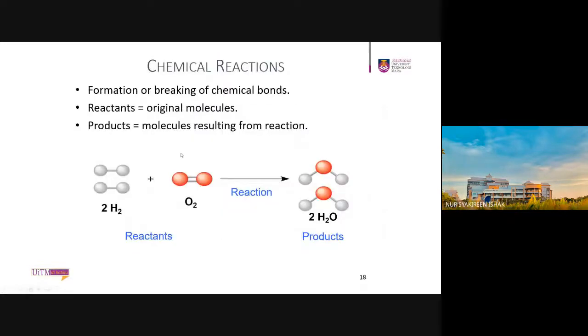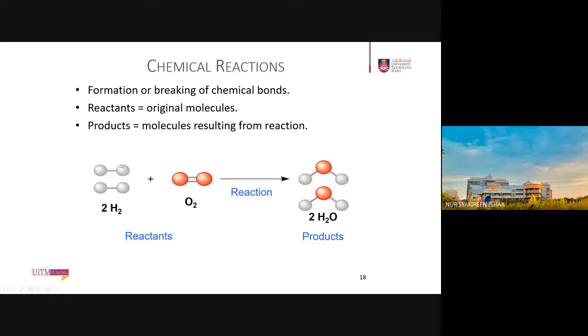Okay, chemical reaction first. A chemical reaction is the formation or breaking of chemical bonds between the atoms within the molecule. So in a chemical reaction, chemical bonds will break and there's formation of new bonds. You have the reactants, and then you have the product.